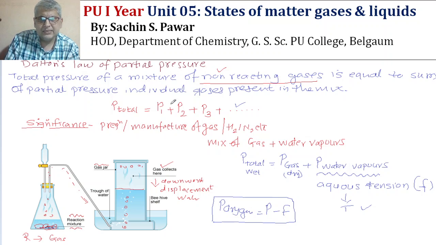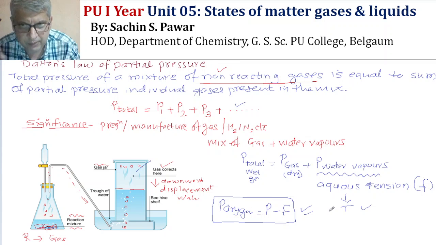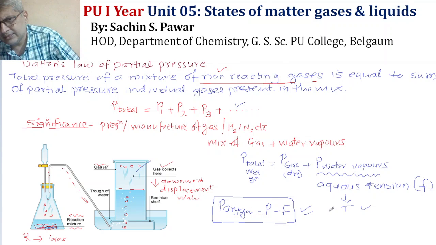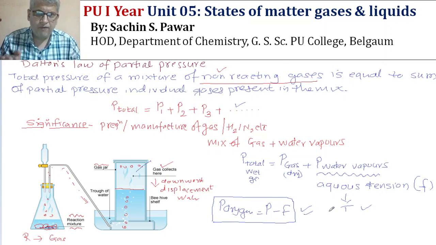Because of Dalton's law we can say that the pressure of the wet gas, that is the total pressure, is equal to the pressure of dry gas plus the pressure of water vapors. To get the pressure of dry gas, we subtract the aqueous tension at a specific temperature from the pressure which we have measured. That is the wet gas. So this equation becomes useful. We will be using this equation in some problems. So this is the significance of Dalton's law of partial pressure.